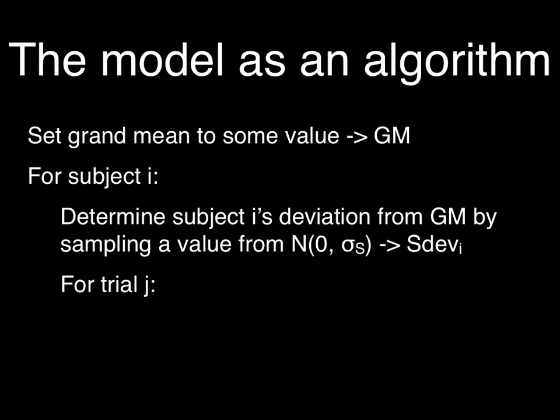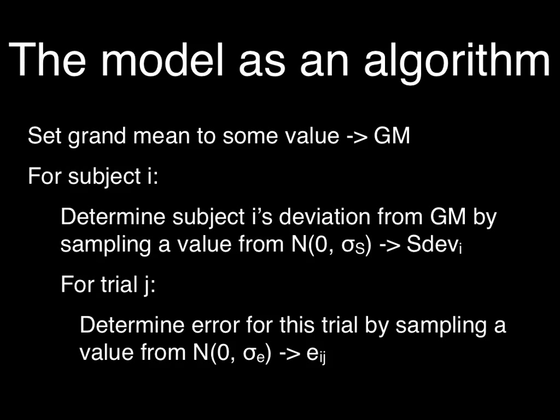Then for each trial within that subject, determine the error for this trial by sampling a value from another Gaussian distribution, mean of 0, standard deviation of sigma e. That gives you the error for this subject on this trial, E ij. And finally, the reaction time for that subject on that trial, RT ij, is the grand mean plus that subject's deviation from the grand mean plus that trial's error.